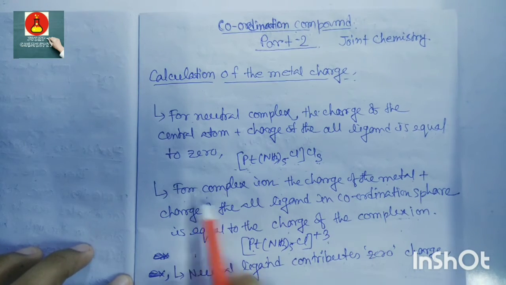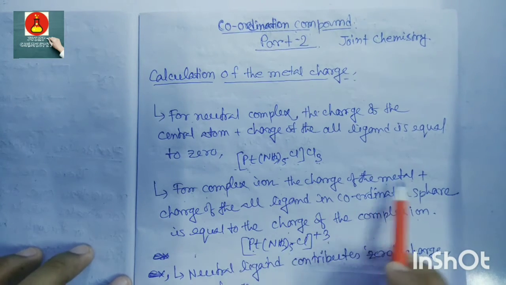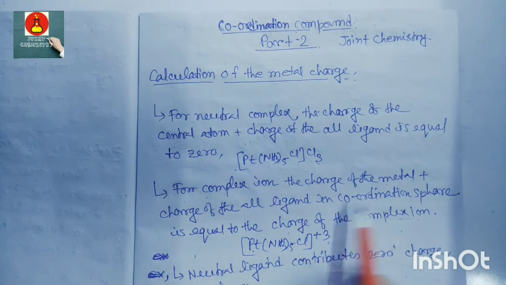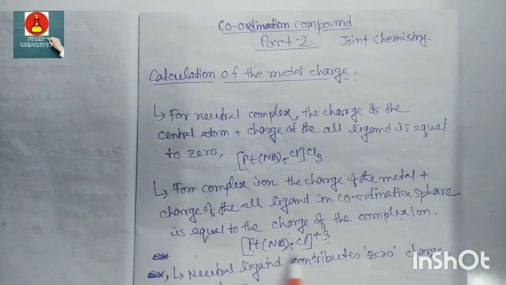So this is the statement. For a complex ion, the charge of the metal plus the charge of all the ligands in the coordination sphere, which is this, and in this coordination sphere these are all the ligands, is equal to plus 3.